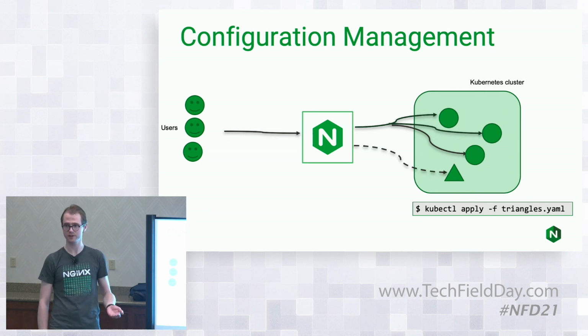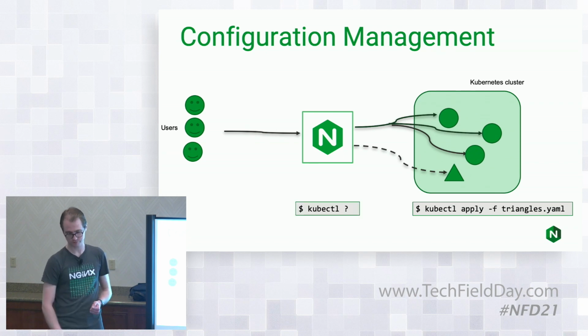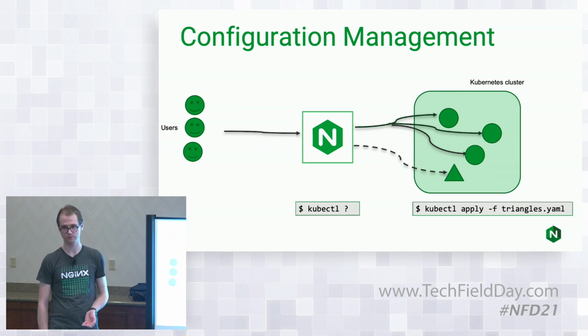NGINX configuration is text-based. You have a textual configuration file, then you update the configuration and reload NGINX to use the updated files. With our NGINX here, we can just SSH into this server and change the configuration files, or do that through some automation.